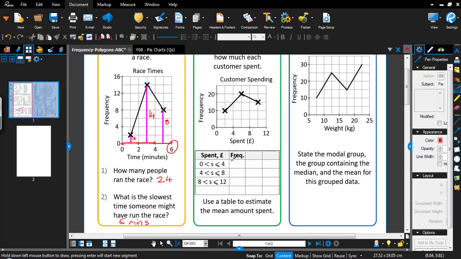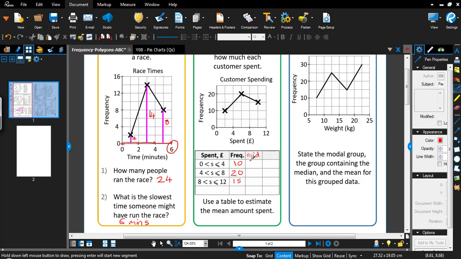Okay, so frequency, 0 to 4. Frequency is always on the y-axis. So we got 10. And then 4 to 8, we got 20. And 8 to 12, we got 15. Remember, we can just put the mid-class here.